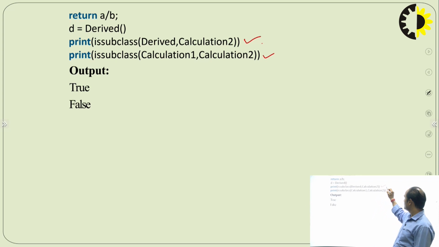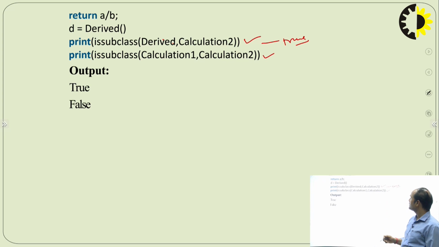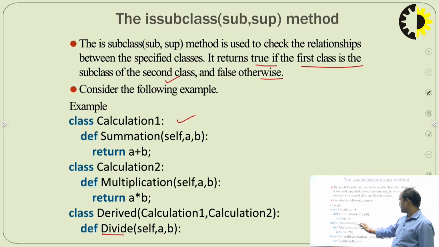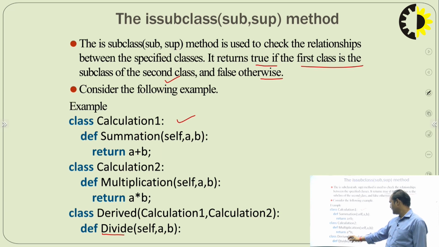The first statement is true. Why is it true and why is it false? In the first statement, we check whether the derived class is a subclass of calculation 2. Suppose calculation 2 is multiplication, and the derived class is the calculation 1. We can inherit calculation 1 and calculation 2.